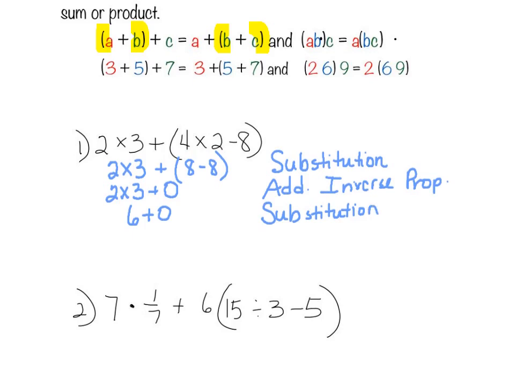And then 6 plus 0 is 6. Well, that's additive identity, because we learned that anything plus 0 is itself. So we are going to be actually solving problems, evaluating expressions, and explaining the properties that we used for each step.